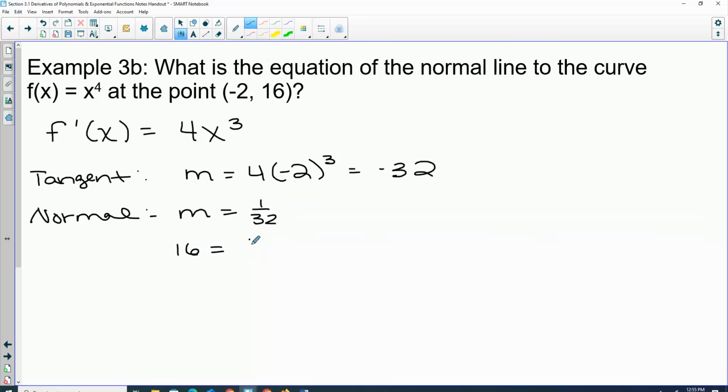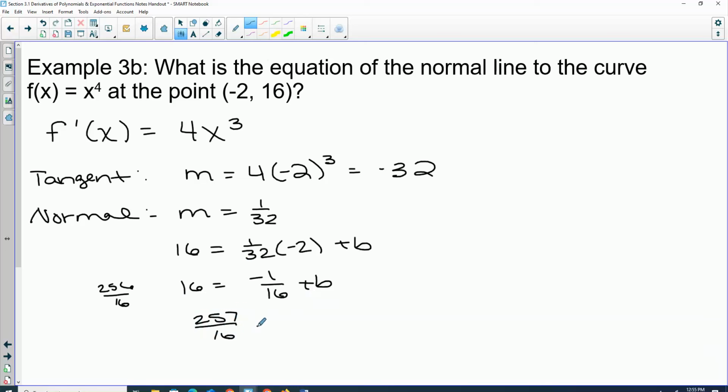Then y equals m times x plus b. Okay, that's like 256 over 16, plus 1 over 16 would be 257 over 16. So our normal line is y equals 1 over 32 x plus 257 over 16.